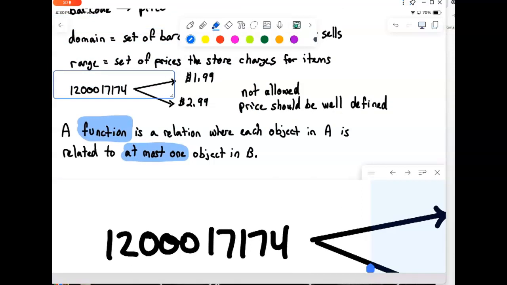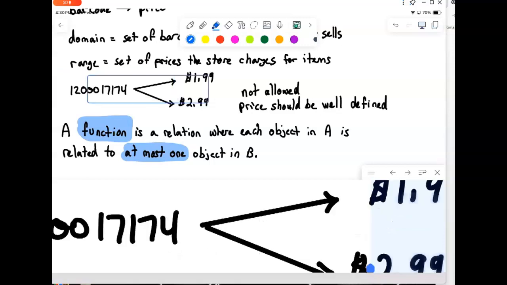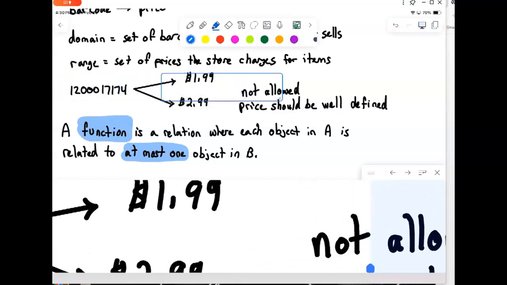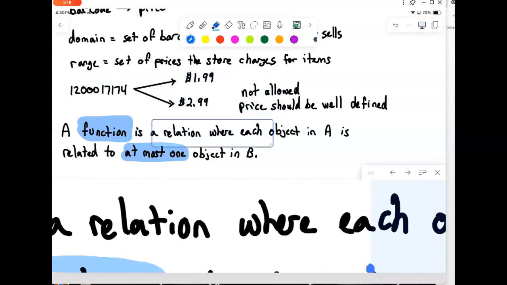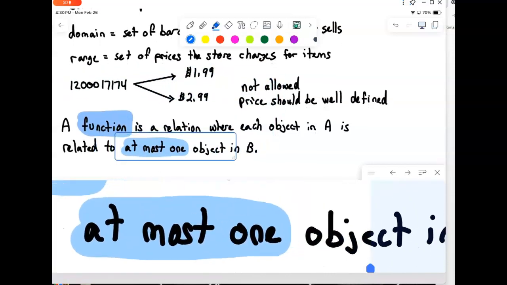Or it's going to say, I don't recognize that barcode for your television because I don't sell televisions. I'm a supermarket. Or it's going to spit out an error. But at most, you're going to get one price. This can't happen if it has to be related to at most one. So that's the idea for these relations.